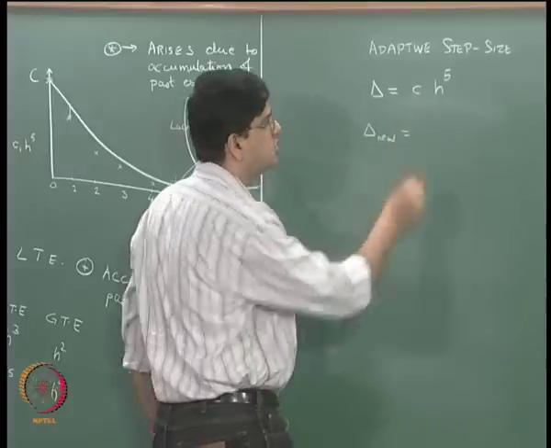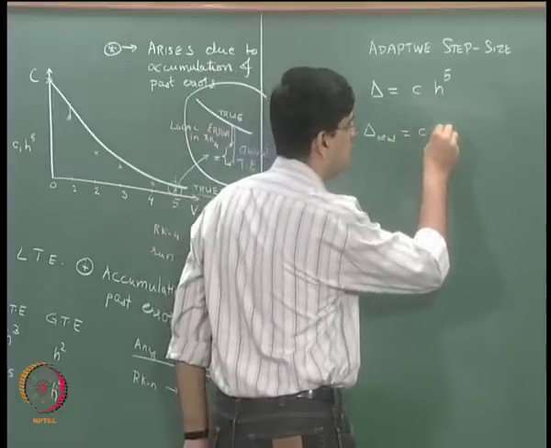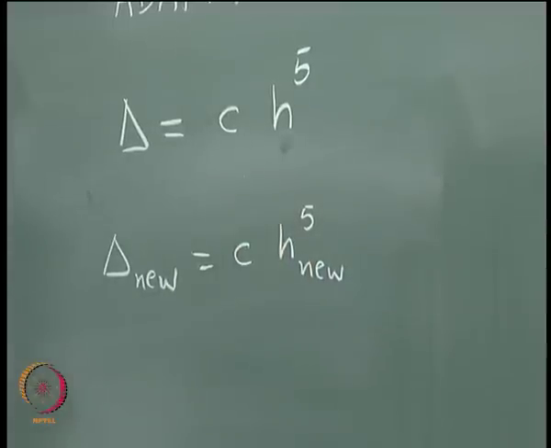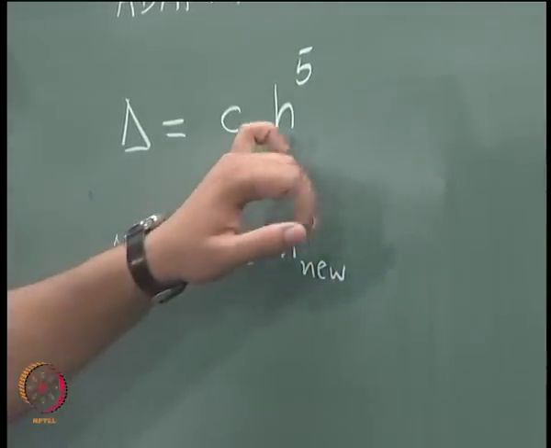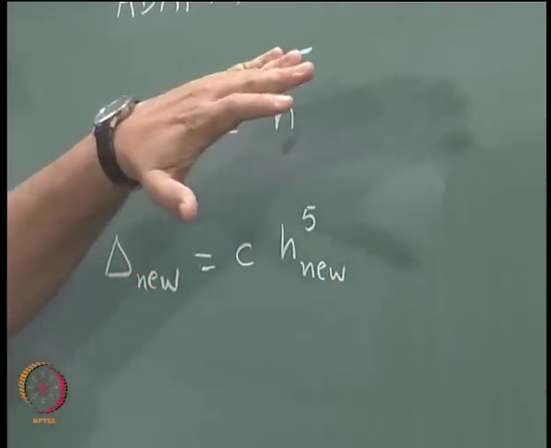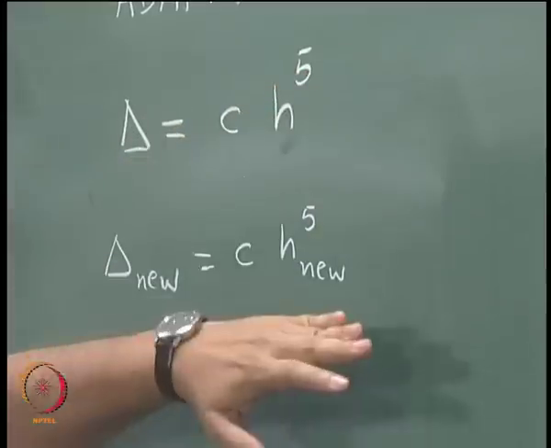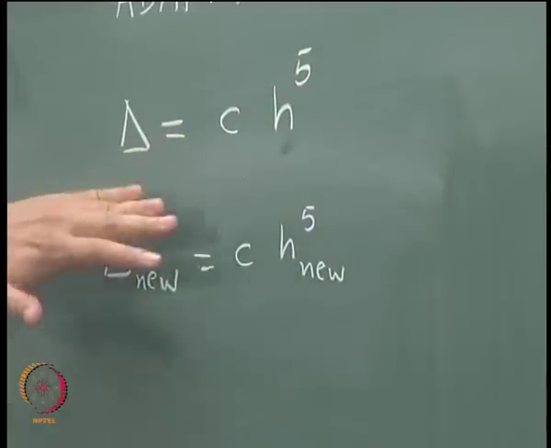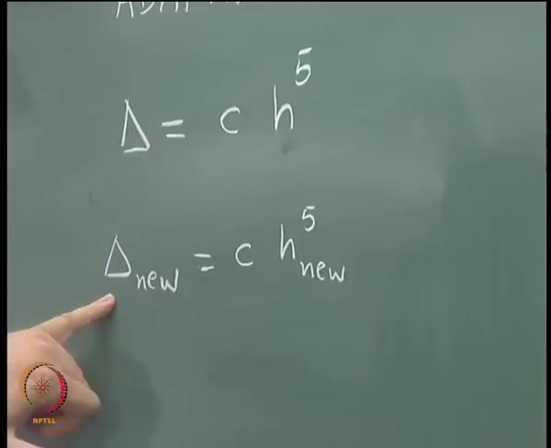For another step size h nu, delta nu is also going to be c multiplied by h nu to the power 5. So if we change h from the actual value to a new value h nu, this delta will change from the true delta to delta nu.